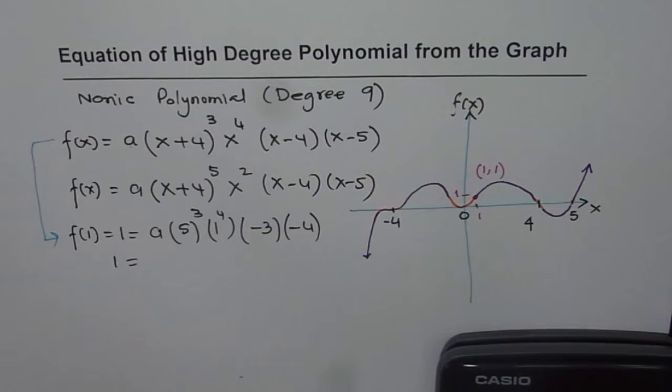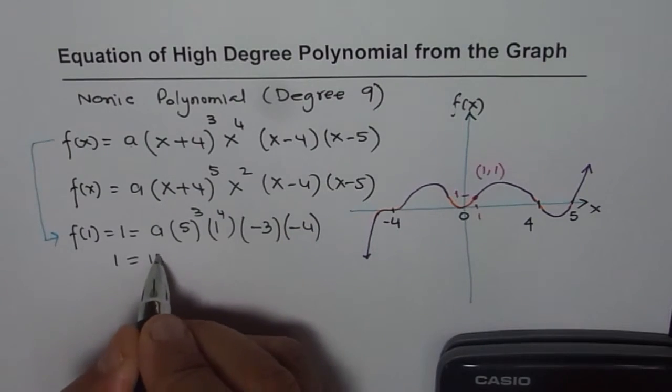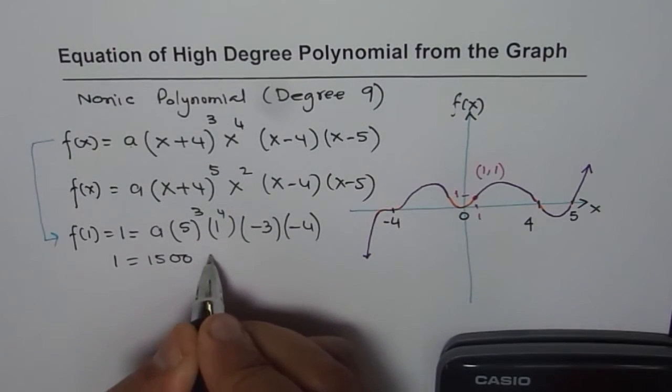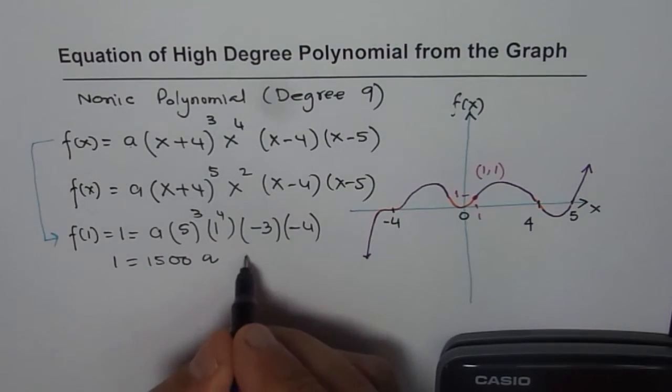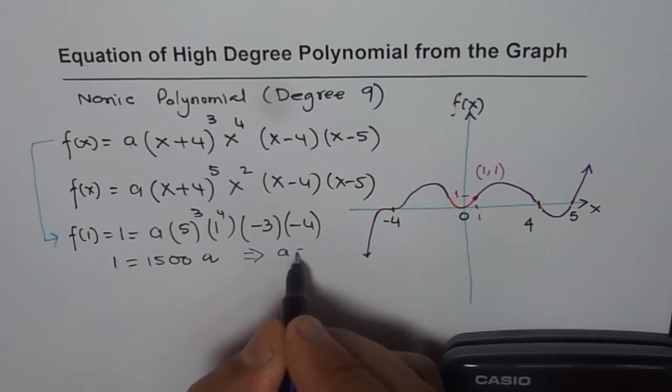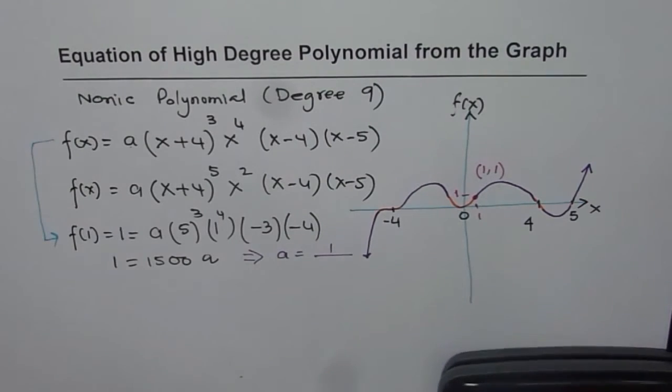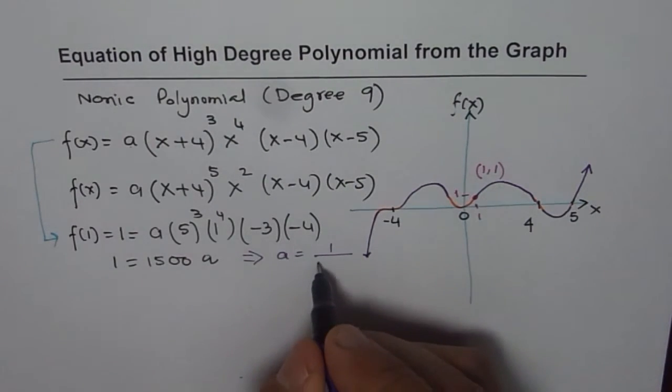So let me use the calculator. We have 5 cubed, which equals 125, times 3 times 4 is 12, that equals 1500. So we have 1500a here. From here we know the value of a is 1/1500.